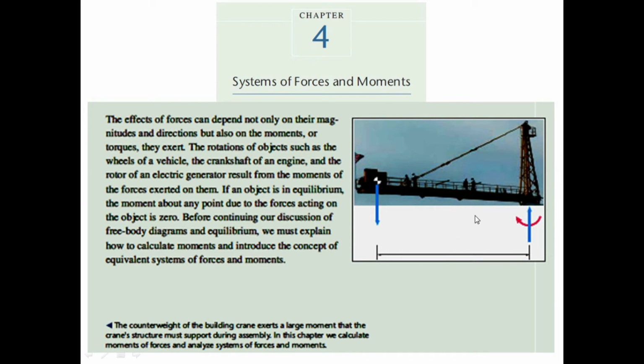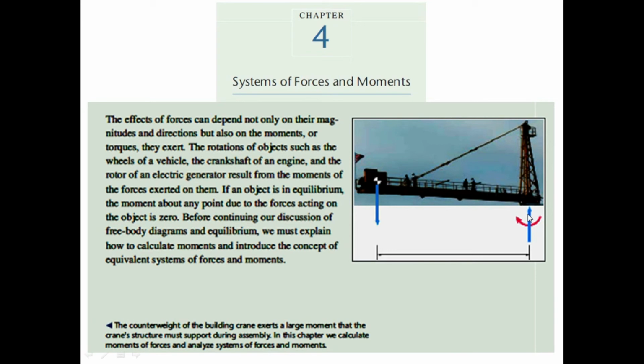You must remember this point very clearly, because when we go to another chapter, this point will come. This red rotation moment and the vertical force are very important, because the system has to be in equilibrium. Say the force of this counterweight is 500 pounds, so another force has to be generated which is also 500 pounds.